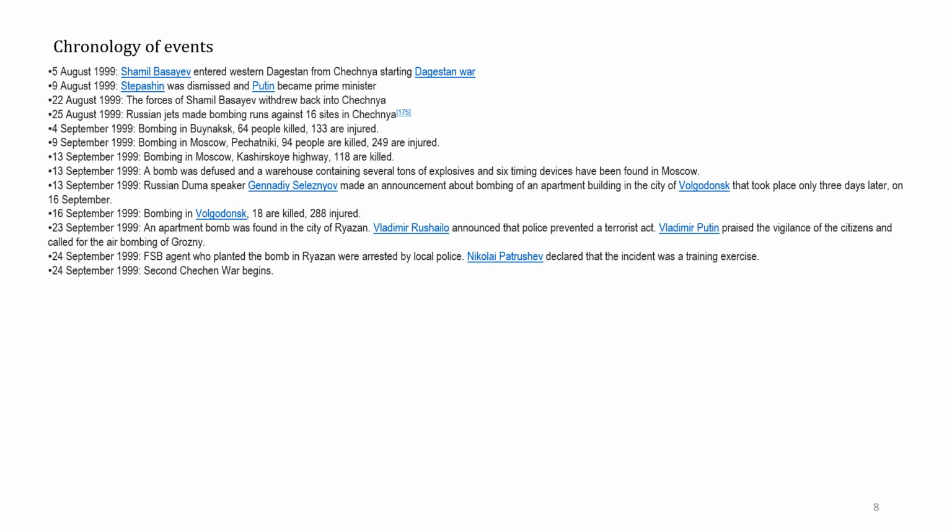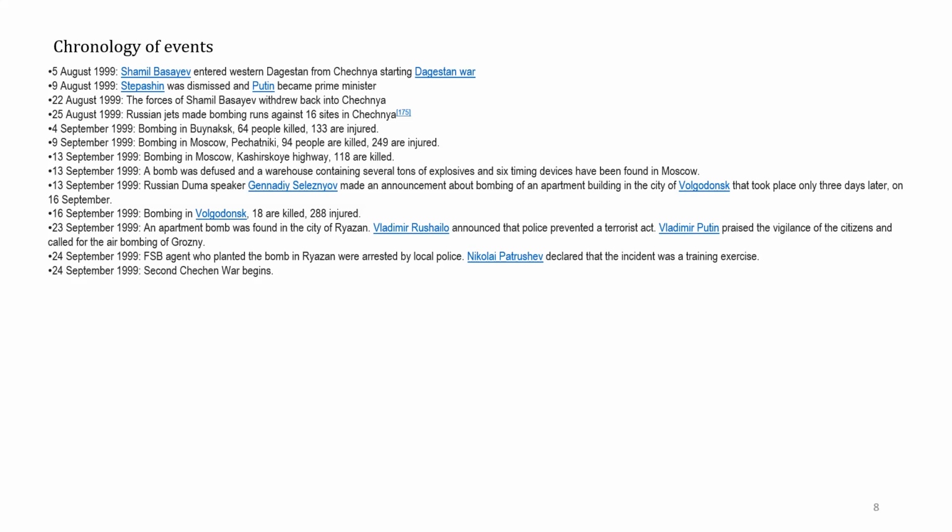The Dagestan War. Stepashin was dismissed and Putin became prime minister. The forces of Shamil Basayev withdrew back into Chechnya. The 25th of August, Russian jets made bombing runs against 16 sites in Chechnya.